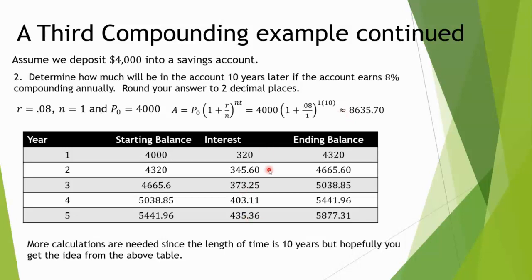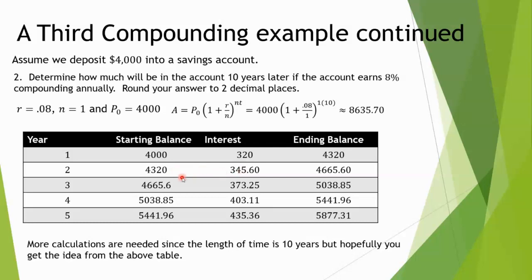And again, I went through the table just to illustrate what's actually happening. It's very similar. Year one is the same as before. 8% of this, you get 320. That becomes the new balance. But now you take 8% of this. So instead of using 320 again, we're going to recalculate the interest, we're going to compound.